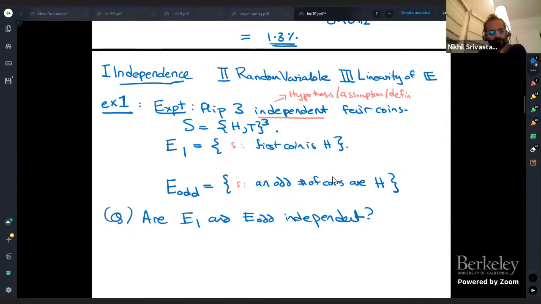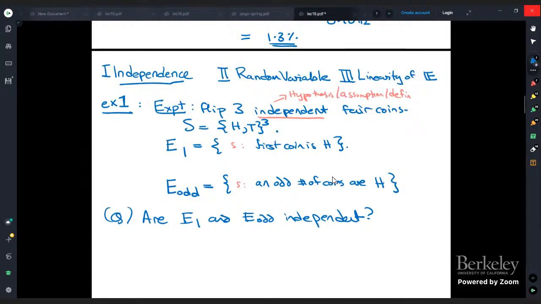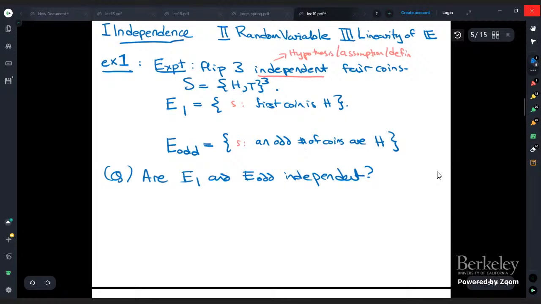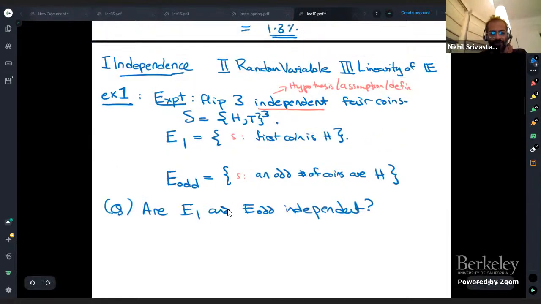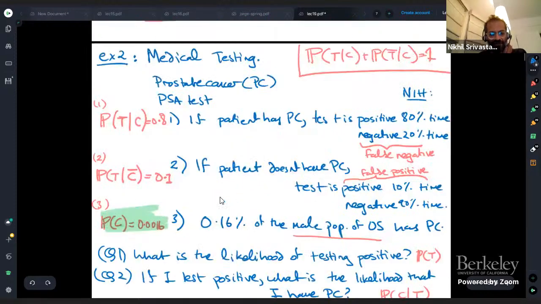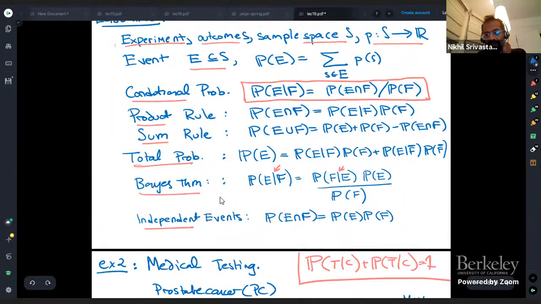First, calculate the probability of E intersection F, and we do it in two different ways and see if it's the product of the probability of E and the probability of E odd. That's a great answer. So your answer is, well, we don't know. Independent is a well-defined thing. Independent means exactly one thing. It means that the probability of the intersection is the product of the probabilities of the events.